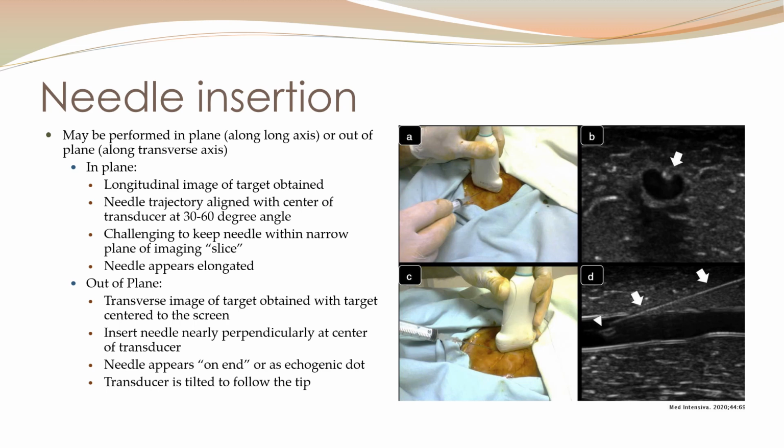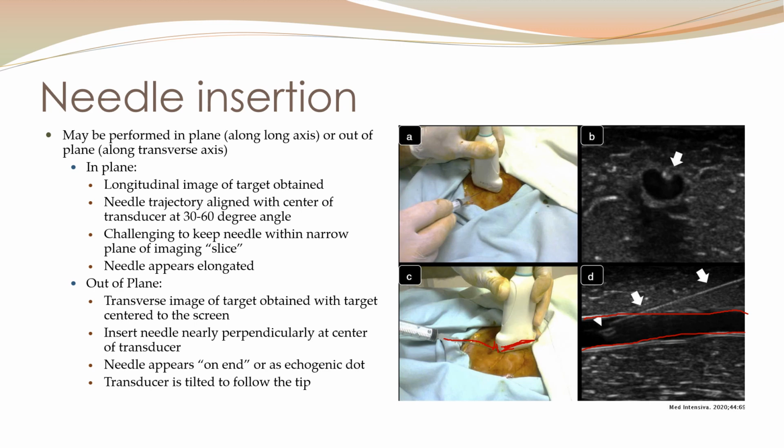In the longitudinal plane, you would want to obtain the most central image of the target that you're shooting for. Most of the time you want to make a needle trajectory of 30 to 60 degree angle in alignment with the length of your transducer. So you'd want it centered to your transducer and in alignment with it.